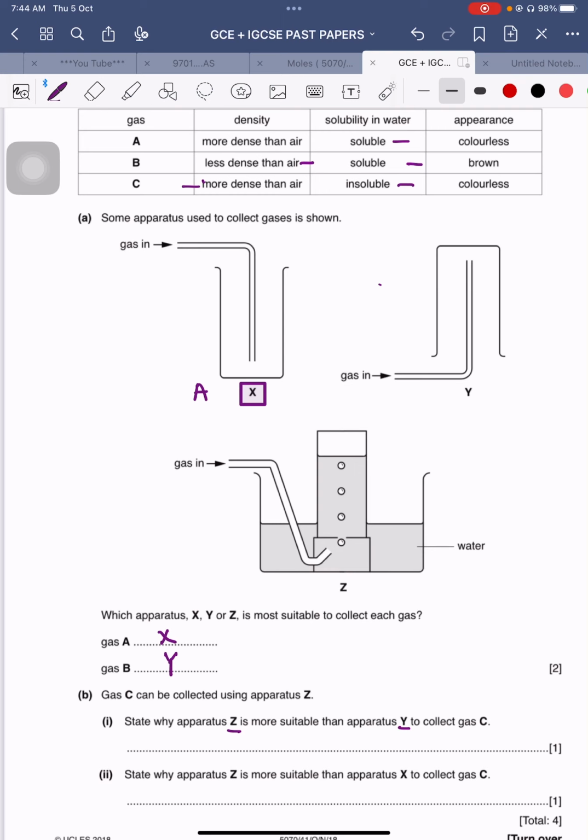What we are saying here: C is denser than air. C is insoluble. So Z is more suitable.